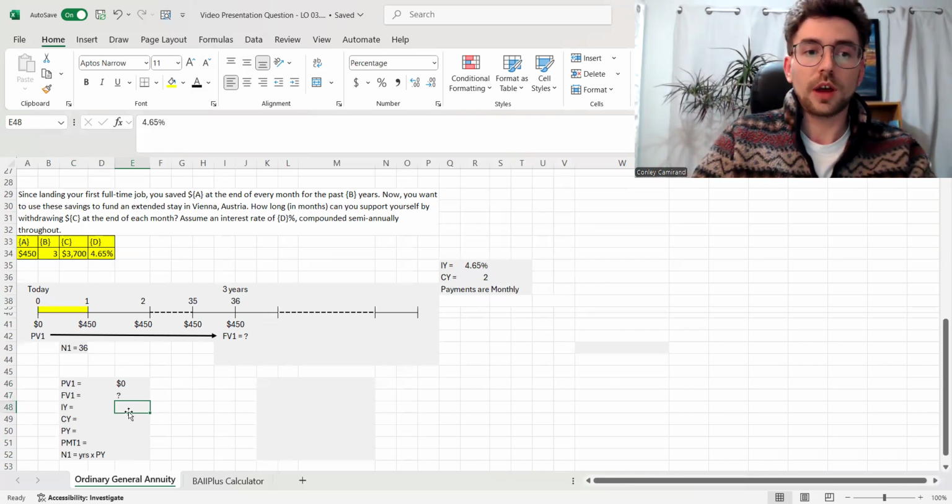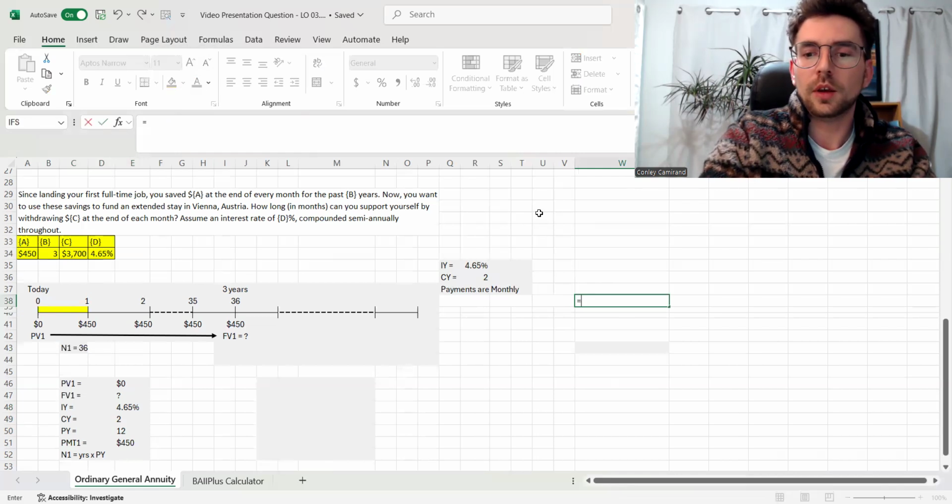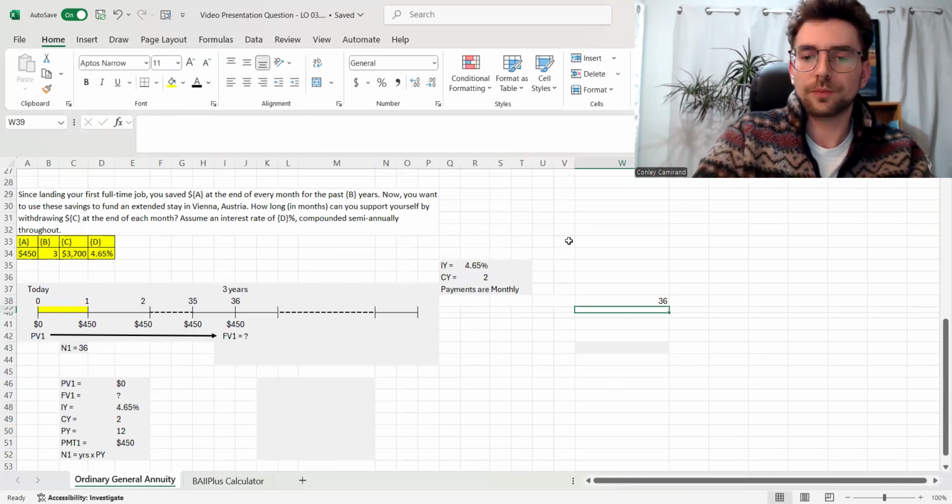IY, CY, and PY will always be the same: 4.65%, compounding periods per year is always 2, semi-annually throughout, and payment periods per year is 12, so it's monthly. Our payment is $450, and for N, we calculate years times PY, so 3 years times 12 is 36.